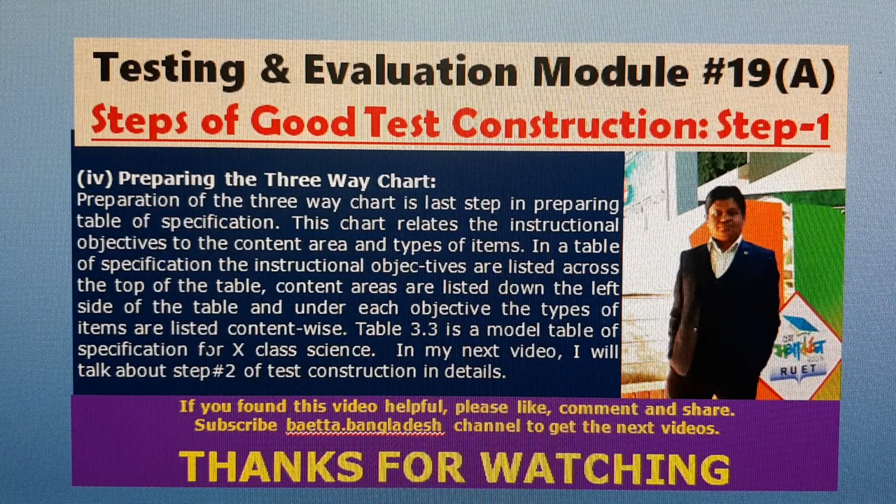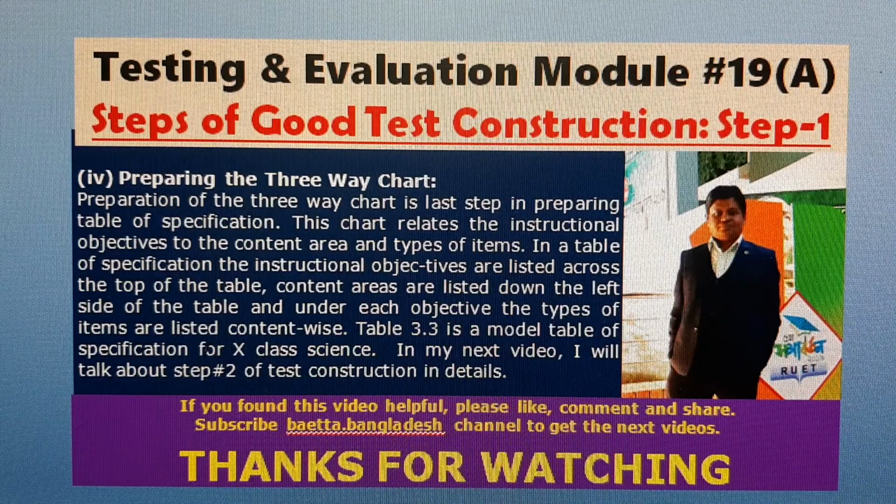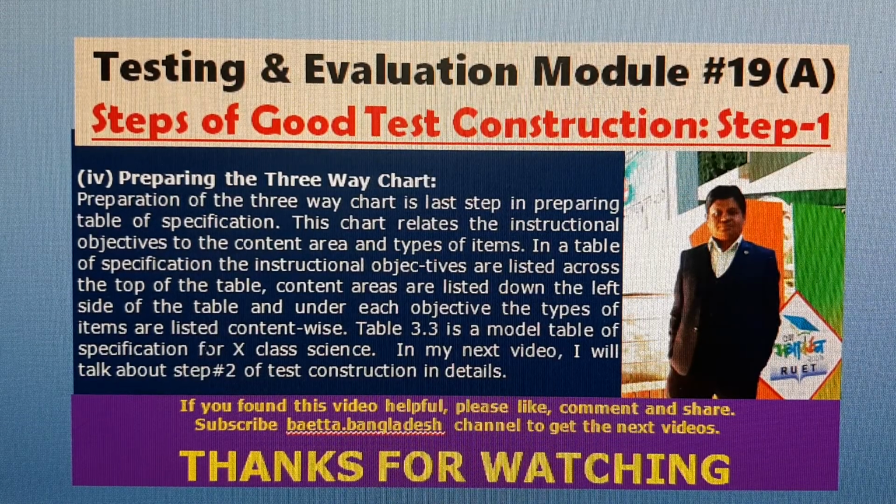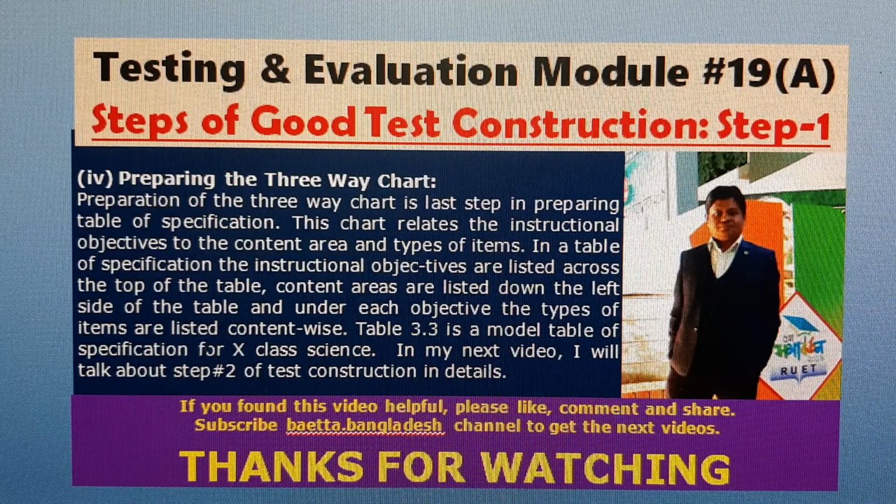Similarly, content areas 2, 3, 4, etc. should be presented in the same way. And finally, content area 5, essentials for good health. Knowledge: supply type 1, multiple choice 3, matching type 1, true false 1.